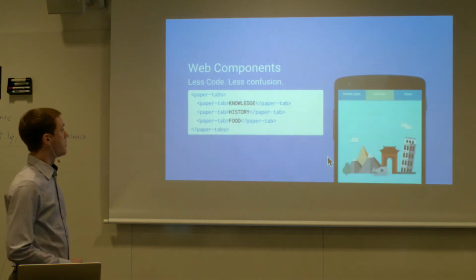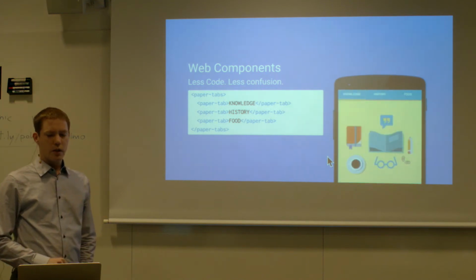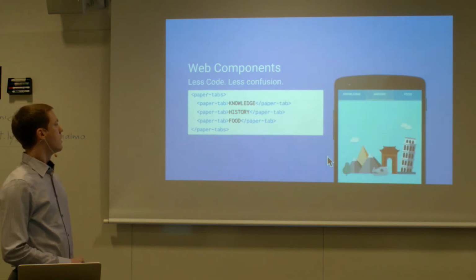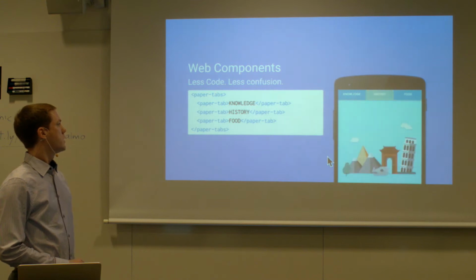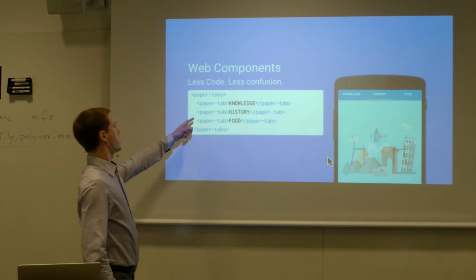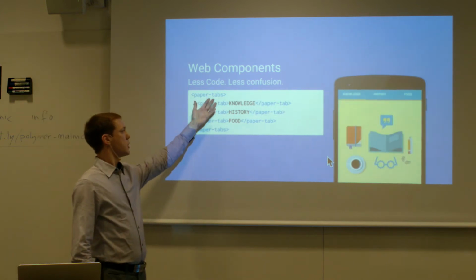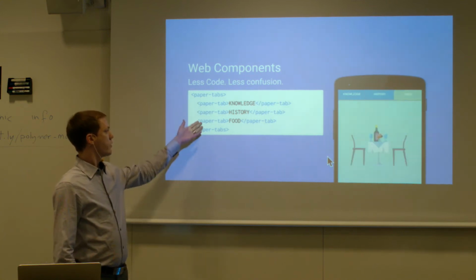This is where web components come in. Basically, you create your own HTML elements, which are more descriptive. The name says it all. It's plural, so it's a bunch of tabs. And here you have 3 tabs.